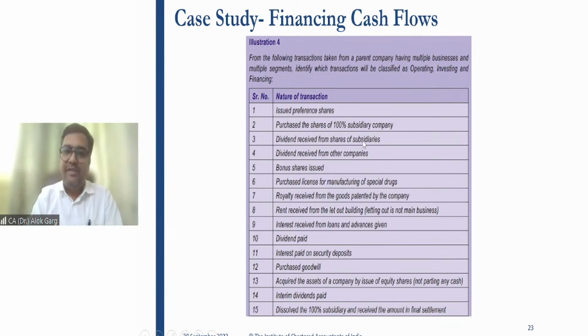Guys, now the level has been increased. Now you need to tell me, from the following transactions, from a parent company having multiple businesses and multiple segments, there is no bank, no NBFC, it is a normal company. Identify which transactions will be classified as operating, investing, and financing.